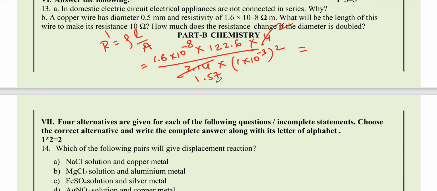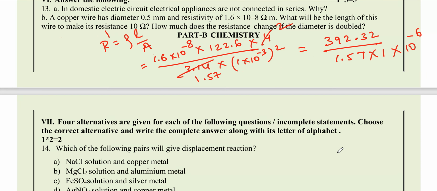1.6 into 122.6, what is the answer? Very good, 196.16. Into 2, very good, 392.32. Divided by 1.57 into 1 square, which is 1 into 10 power minus 3, 2 times is minus 6.